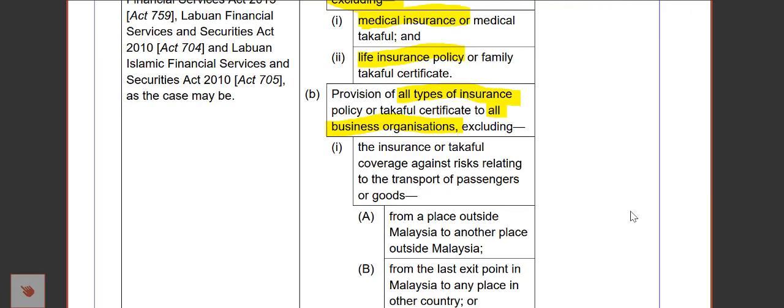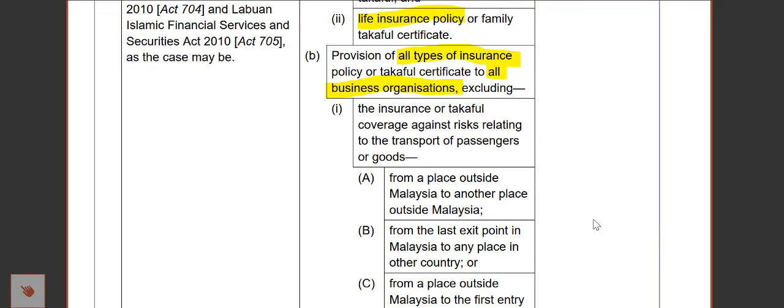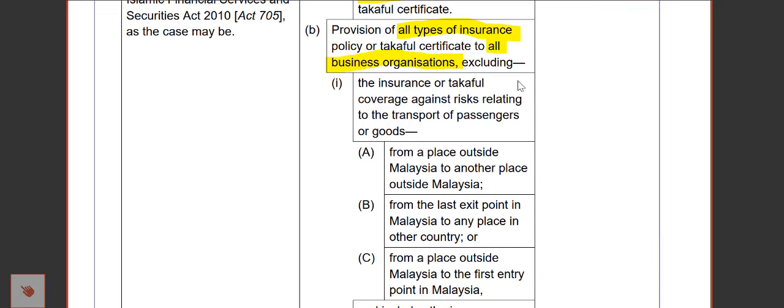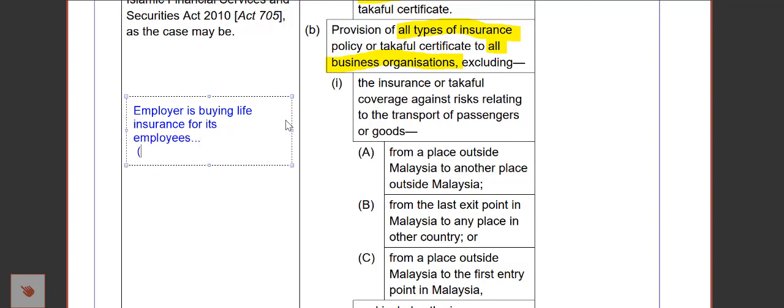So as long as you are a business entity, when you buy insurance, then you realize that your insurance will all be charged with service tax. So if let's say your employer is buying a life insurance for its employees, now this one you will need to impose service tax because this is selling to a business organization.